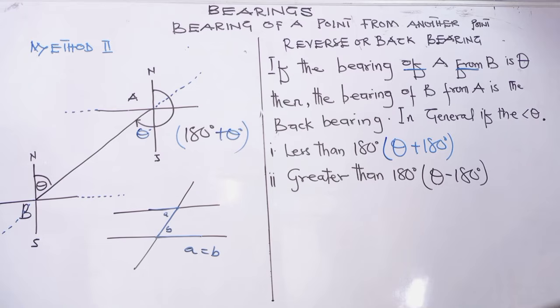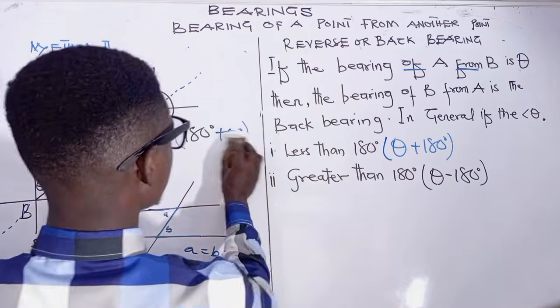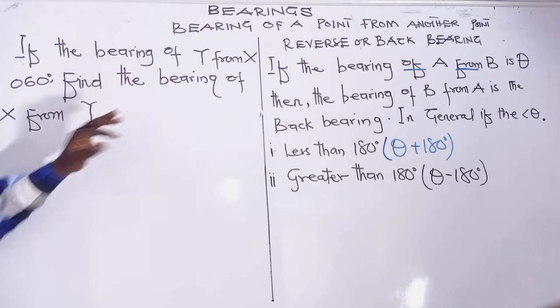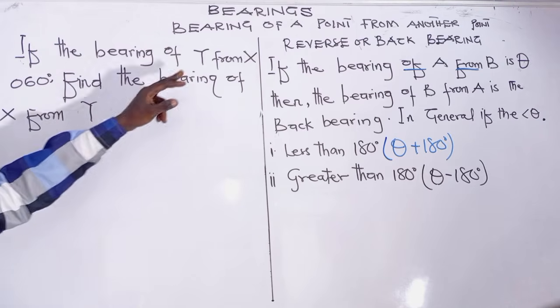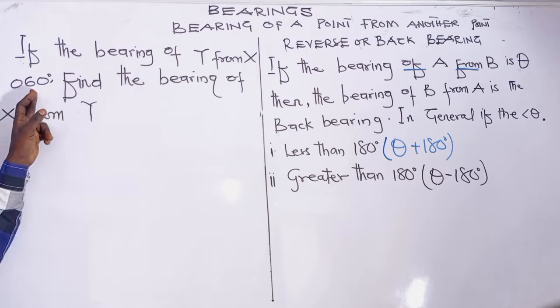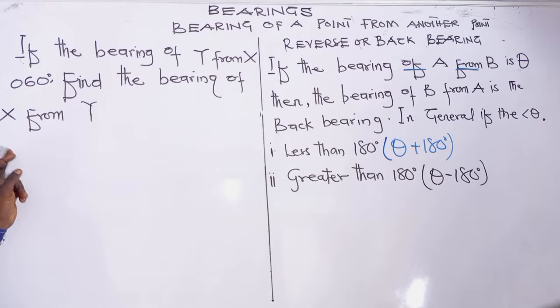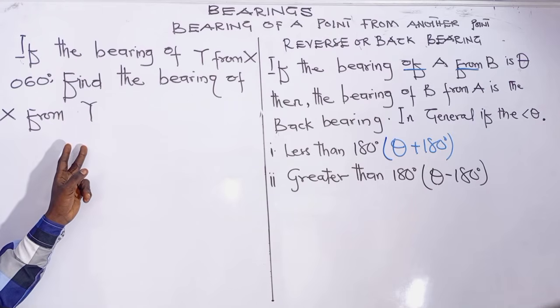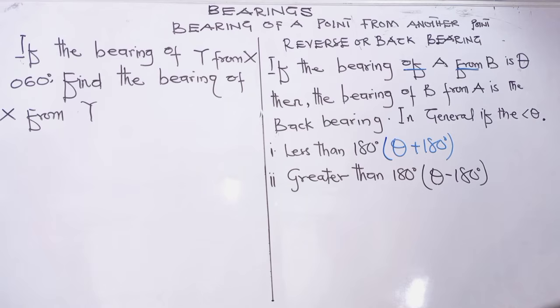Now that we know this, let's look at examples on how to apply these two methods in finding the reverse or back bearing. Let's look at this example. If the bearing of y from x is 60 degrees, we want to find the bearing of x from y. You can see that this is a reverse or back bearing.